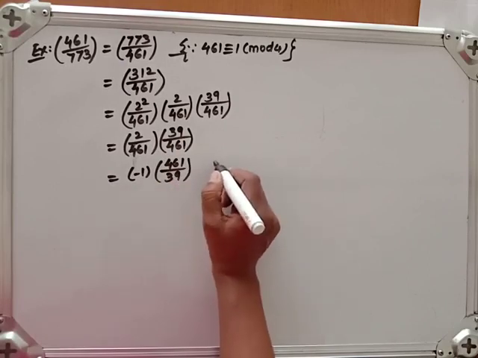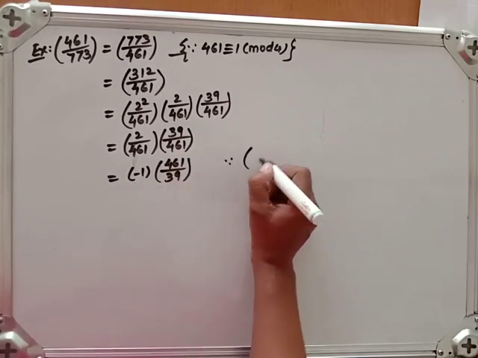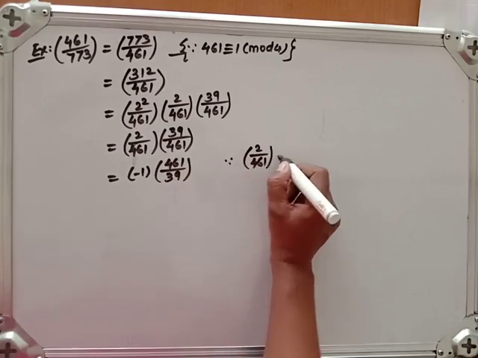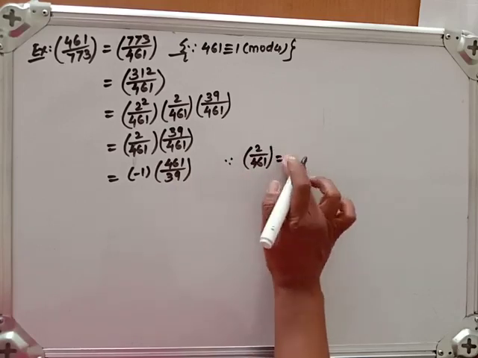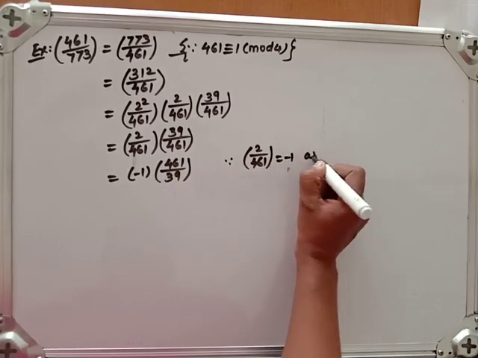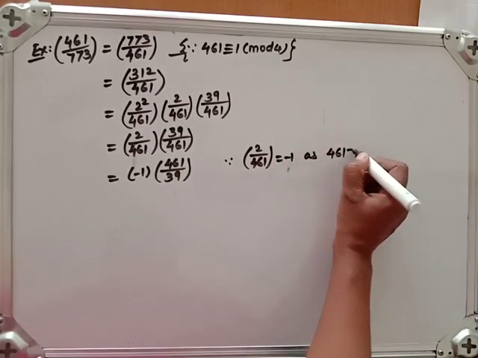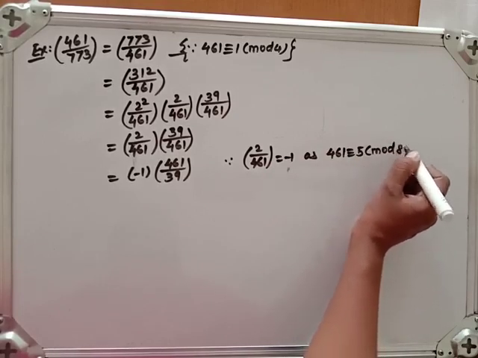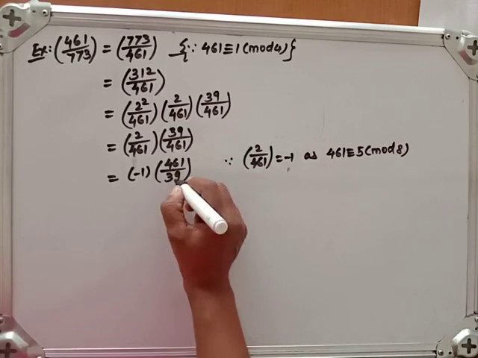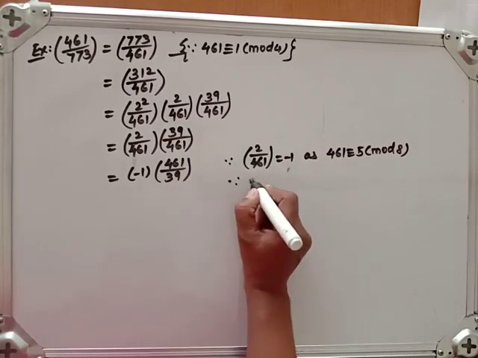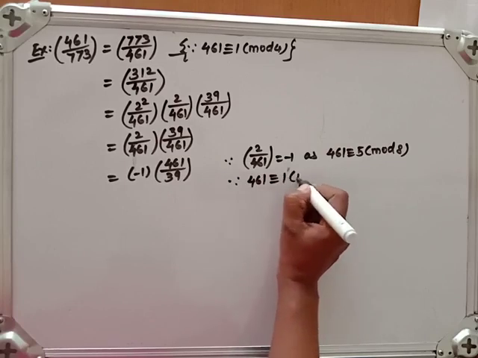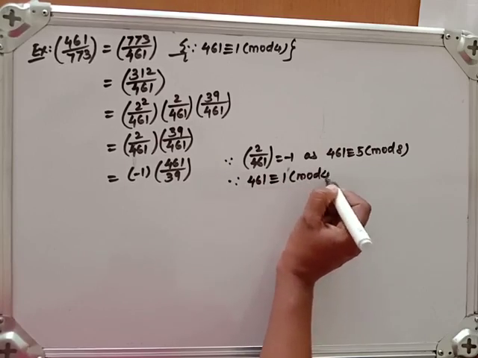Why is this? Because the Legendre symbol of 2 upon 461 is minus 1, as 461 is congruent to 5 modulo 8. And this part will become this, because 461 is congruent to 1 modulo 4.